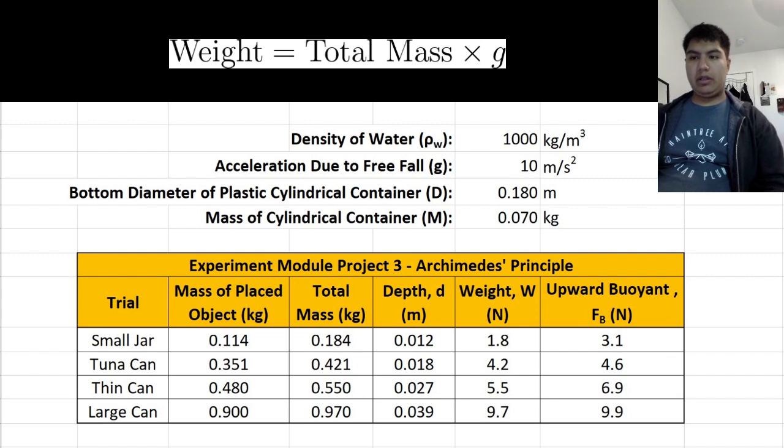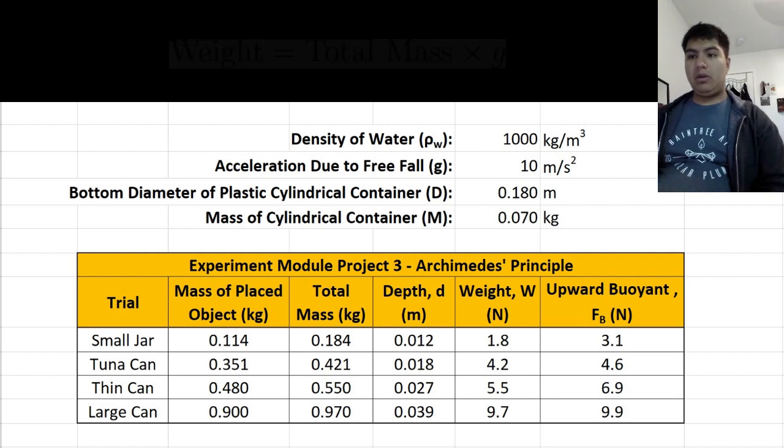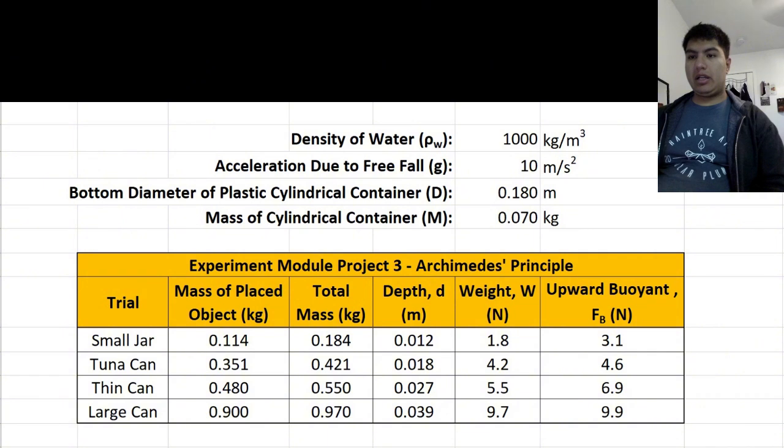And we have gotten the values in the 5th column. One thing to note is that the depth of the container that was submerged underwater increased alongside the weight of both the container and the placed object.